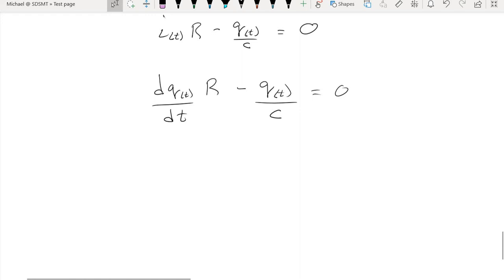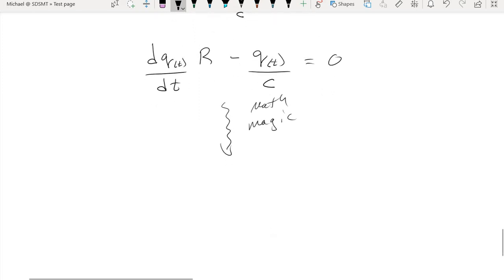And we're gonna skip ahead to the solution. Again, this is better suited for a differential equations class. So we've got some more math magic here. We're going to jump ahead to the solution. The solution is that Q(t) equals Q naught e to the negative t over RC.